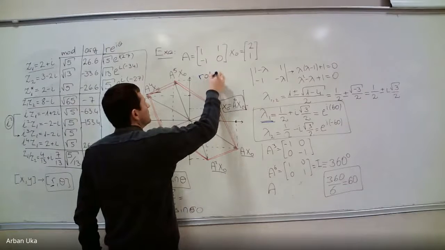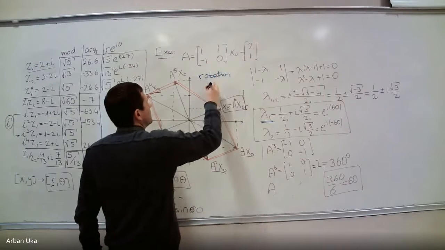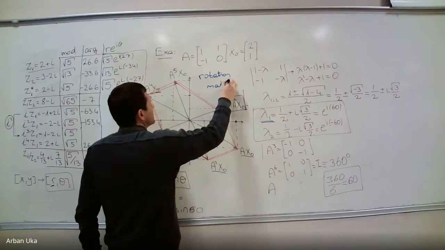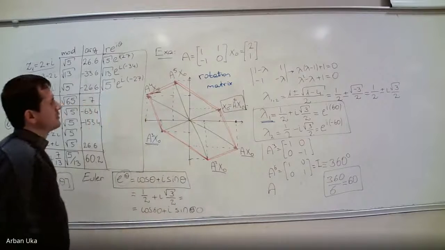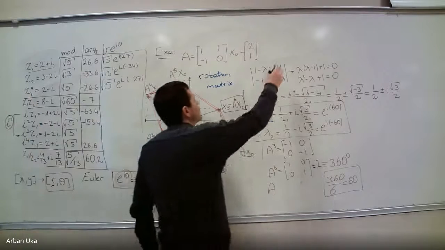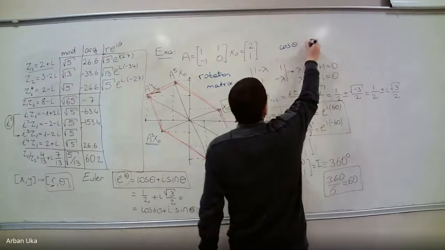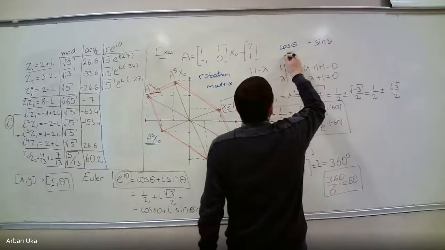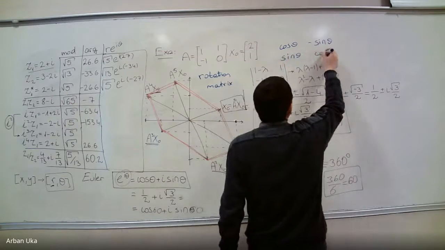So this is a rotation matrix, but not a purely rotational matrix. Purely rotational matrices look like this, and you know this one: cosine theta, minus sine theta, sine theta, and cosine theta.